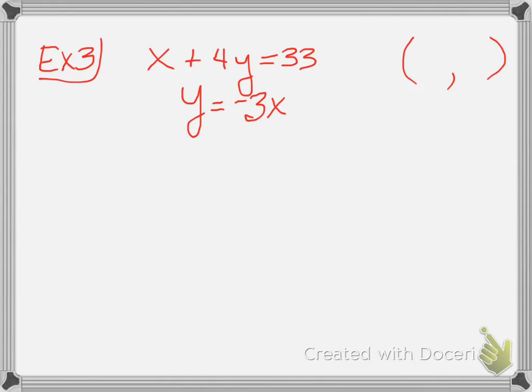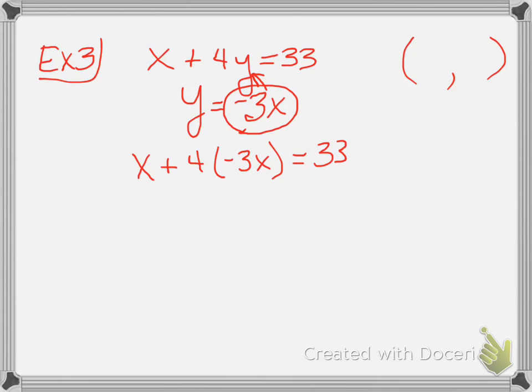I'm going to substitute because I know y equals negative 3x. I plug that in for y, and this is what that would look like: x plus 4 times negative 3x equals 33. 4 times negative 3x is negative 12x.